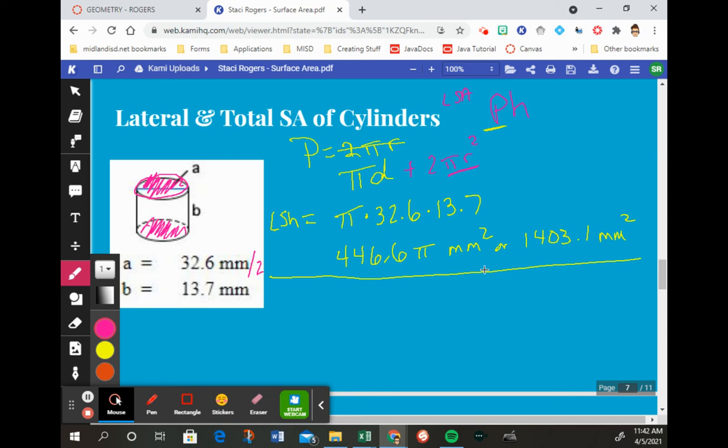And then I'm going to add 531.38 plus 446.62, and I get 978 pi square millimeters, or multiply it by pi, I get 3,072.5 square millimeters.